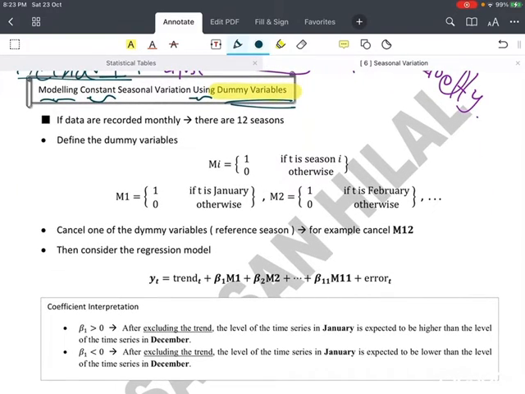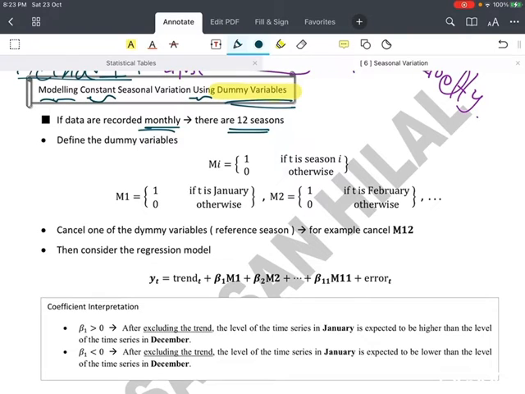We will say that if the data are recorded monthly, okay, that means I will have 12 seasons. So if the data is monthly, we will have 12 seasons.